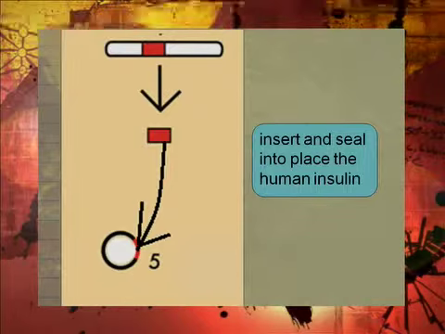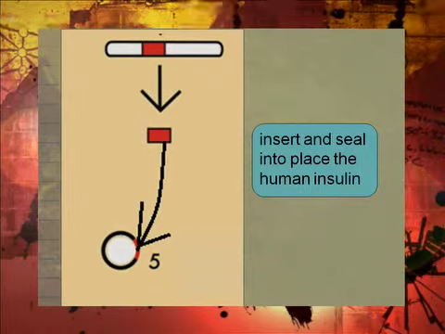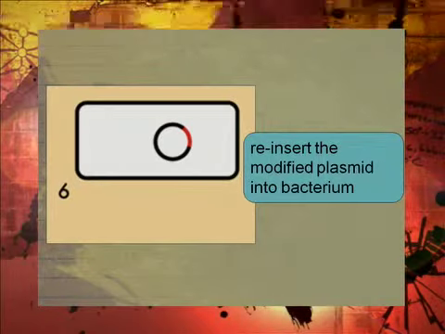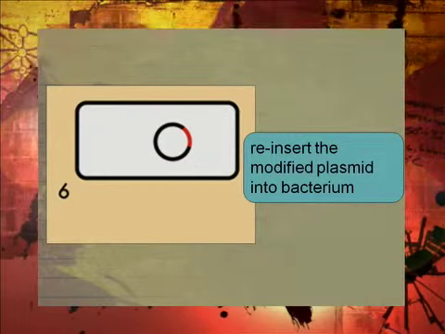We're going to take it and join it into that plasmid. So now the plasmid, once we tie up the 2 loose pieces of the plasmid, has got the human insulin gene inserted into it. We then take this modified plasmid and we reinsert it back into the bacterium.